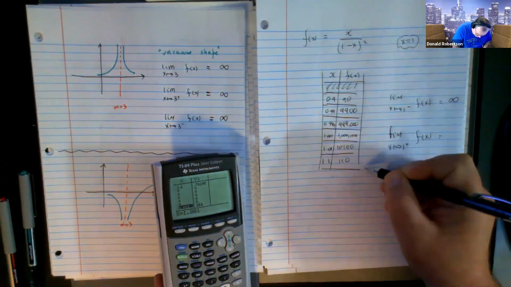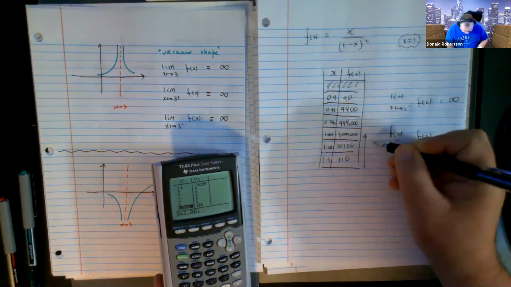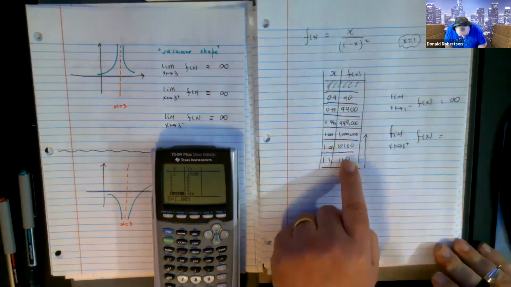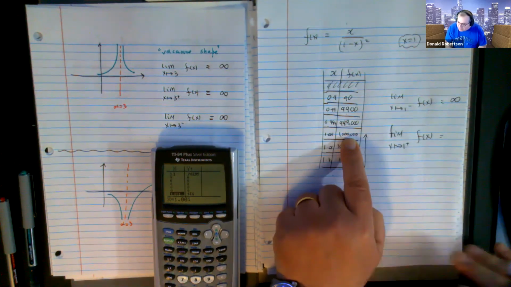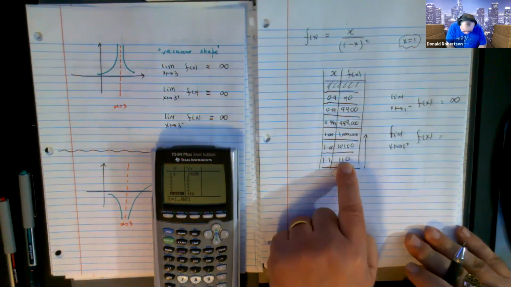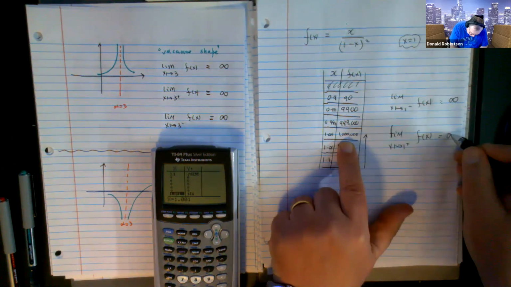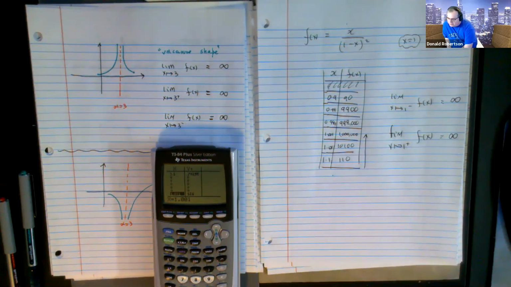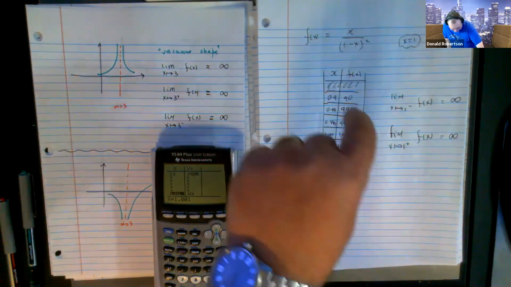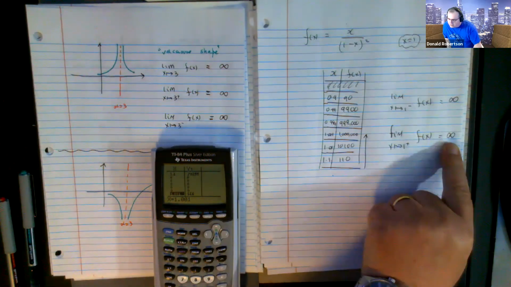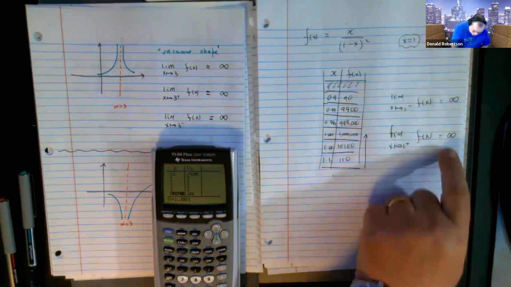Now, as you home in this direction, as you get closer to 1, aren't the answers getting bigger and bigger? They're getting infinite. But more importantly, aren't they getting positive infinities? So do you see in this case, that guy has a plus infinity as the left and the right.